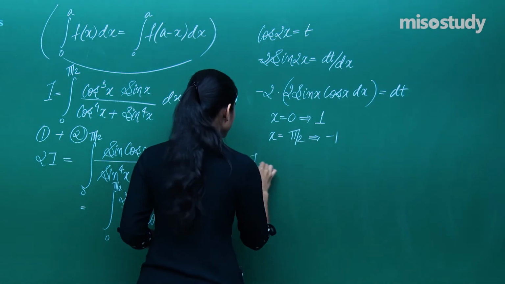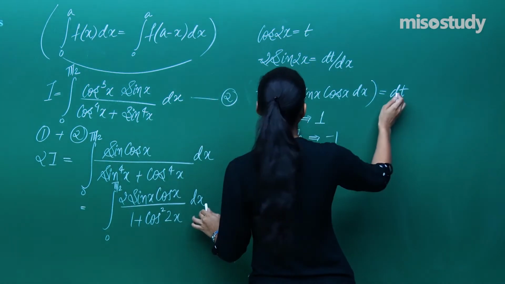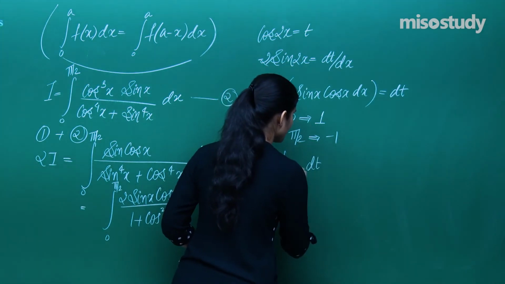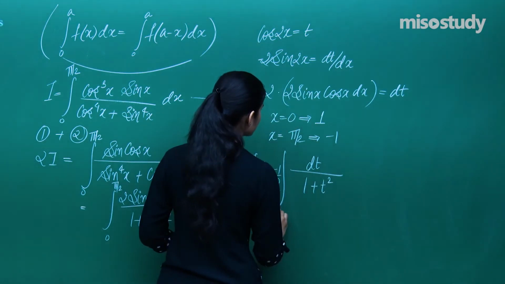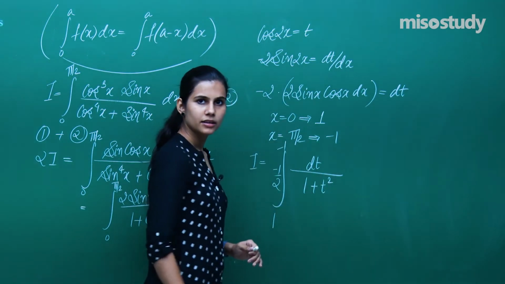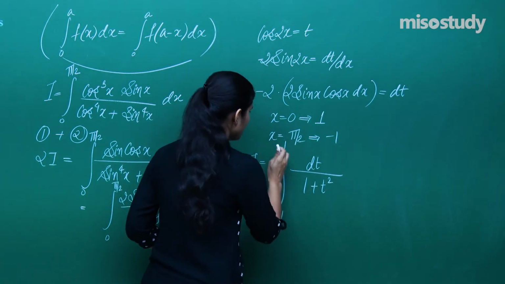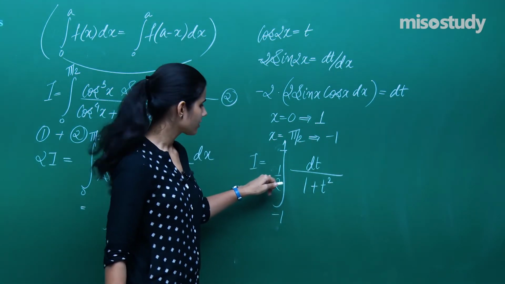So your integral I turns out to be what? 2 sin x cos x dx is dt upon minus 2, upon 1 plus t square, and limit is from 1 to minus 1. But I want to get rid of this minus sign, so I basically write this as minus 1 to 1, and I am getting rid of this minus sign.